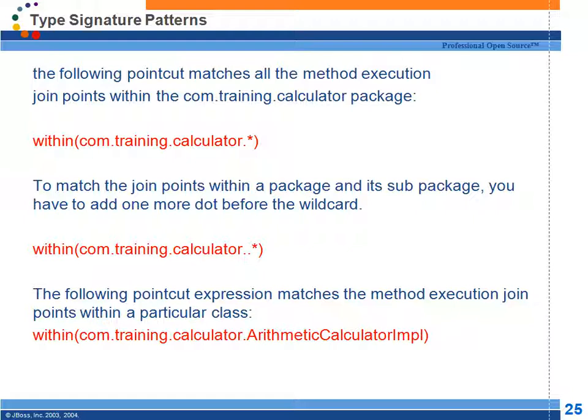If I use another dot here, it matches the join points within a package and its sub packages. And the following pointcut expression matches the method execution join points within a particular class, all the methods within this class.